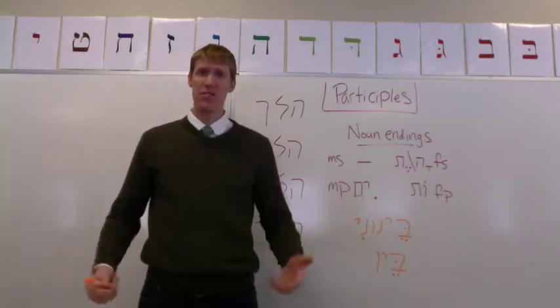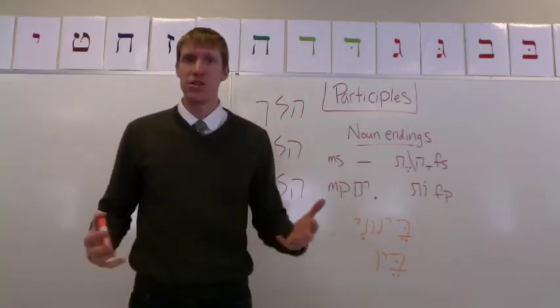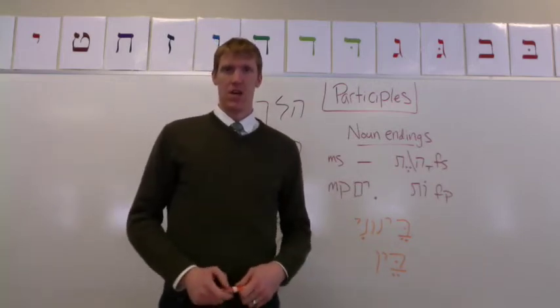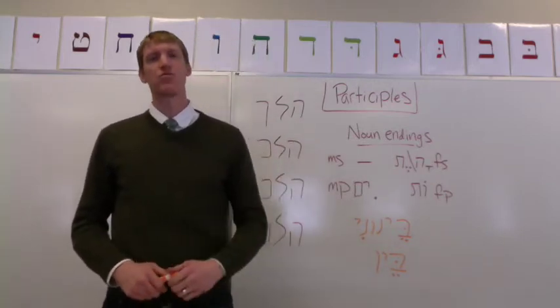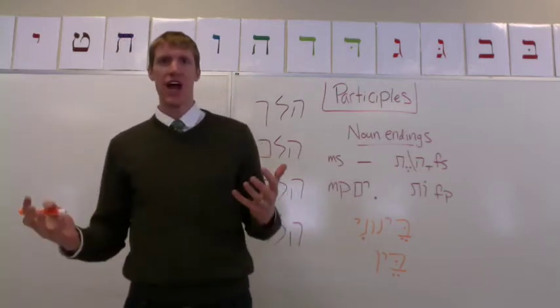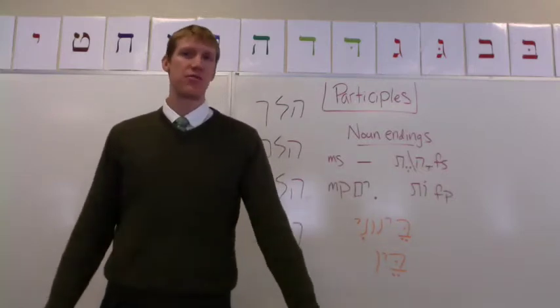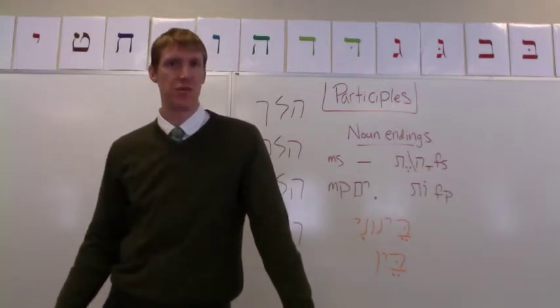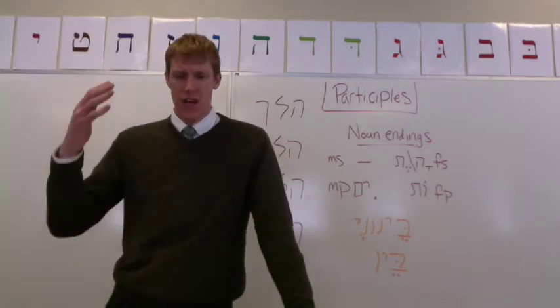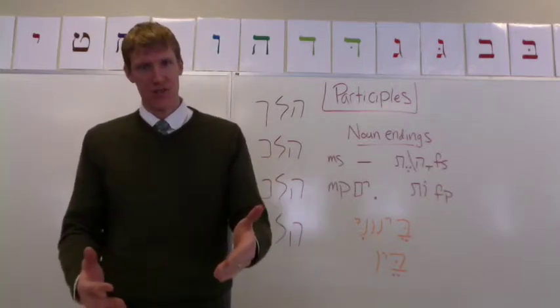Well, the name of the participle is Boni, which is to say the in-between verb, because a participle in Hebrew is like a half verb. It's half verb and half adjective. It's kind of a confusing verb form for a lot of beginning students because it's a verb, but it acts like an adjective.